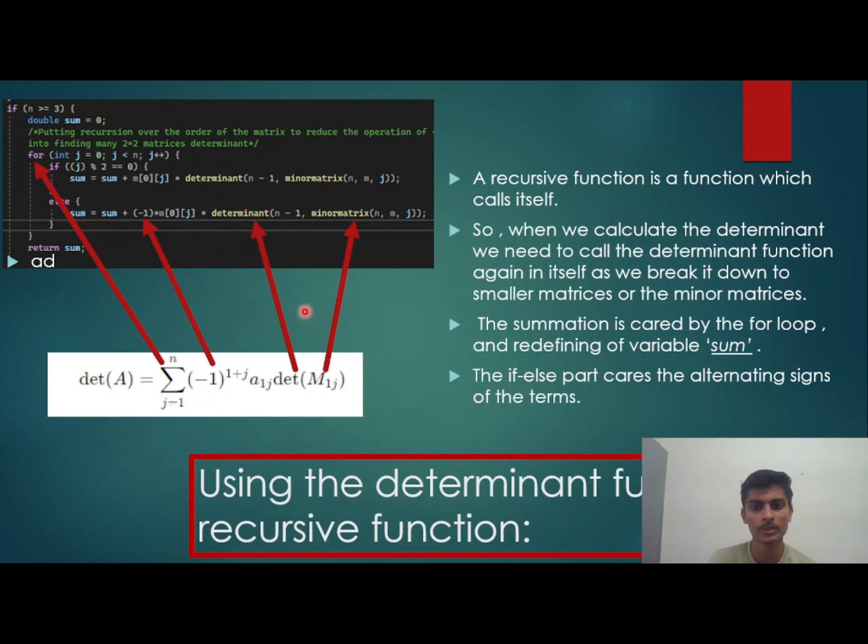The if else is just for carrying the alternating sign of the terms. And see what happens when we calculate the determinant. We need to call the determinant function itself again for n greater than or equal to 3 cases, as I've written here, breaking it down continuously to smaller matrices, the minor matrices. So we need to use this recursion here. That's simple.